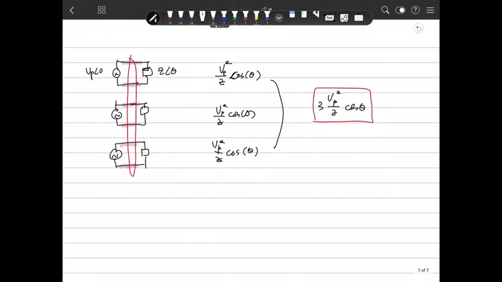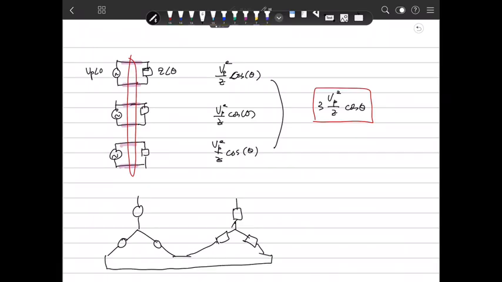But if we connect this system in a three-phase manner, then we can transfer the same power, 3 (VP squared over Z) cosine theta, but we need only how many? 1, 2, 3. Three wires.